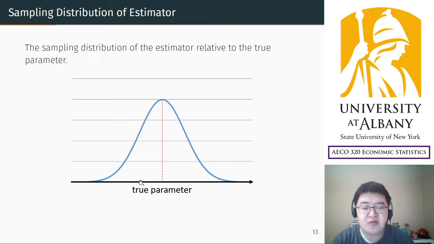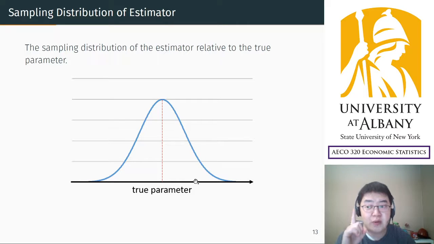But if you repeat the survey again, another 1,000 people, then you may get somewhere here. Now it is greater than the true parameter. And so like that, as you repeat the random sampling or the survey, you are going to get different values. And when you repeat that an infinite number of times, you will see this distribution.